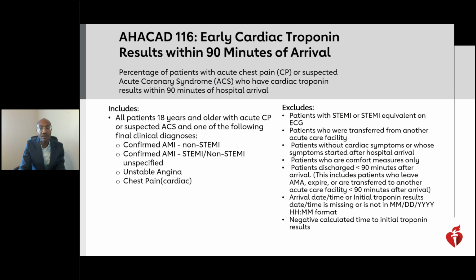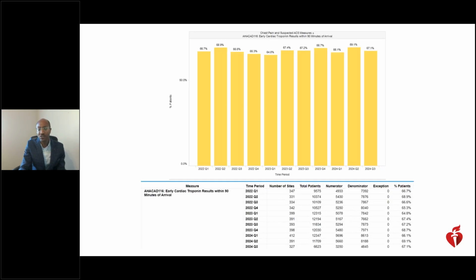And then in looking at the chest pain measure, looking at early cardiac troponin results within 90 minutes of arrival, right? We're looking at patients specifically who are coded with confirmed acute myocardial infarctions, patients with unstable angina, chest pain, patients with NSTEMIs, so that we can capture how we're doing with these specific patients.